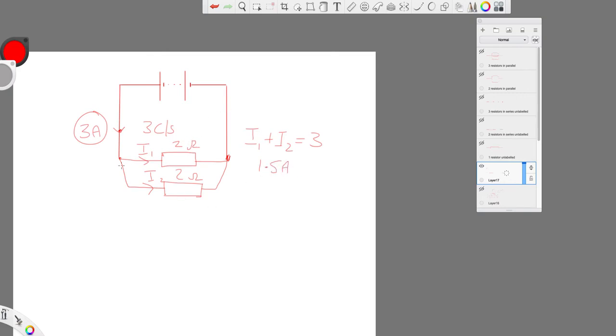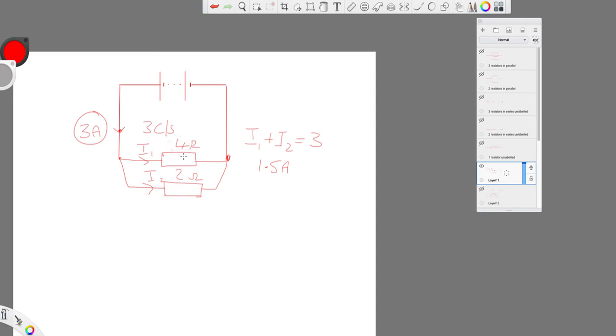If, however, this was 4 ohms, for example, well, this is twice as difficult as that.